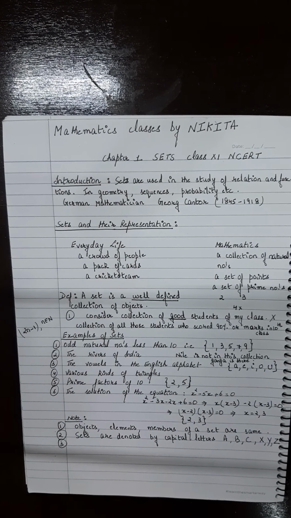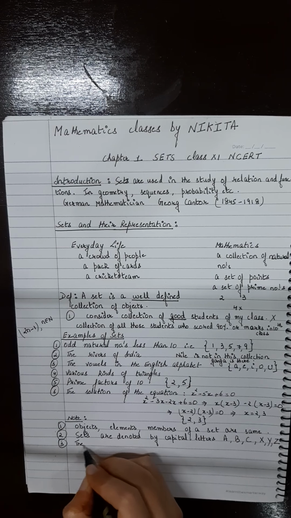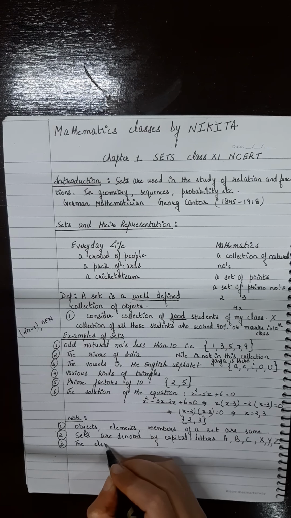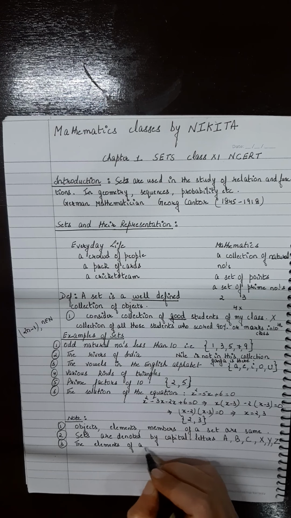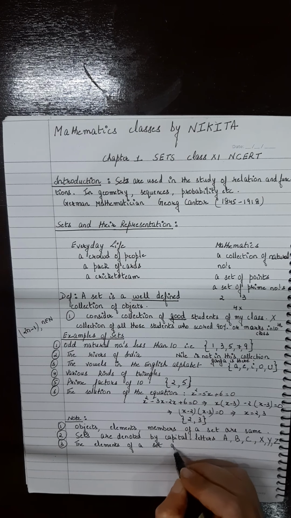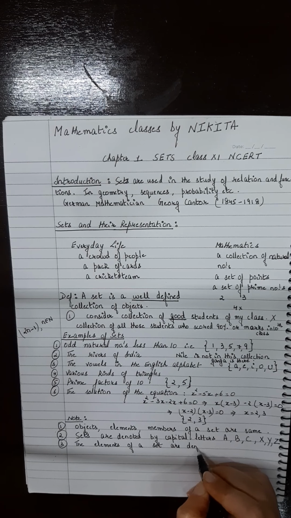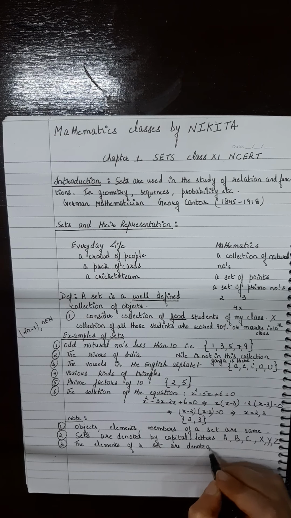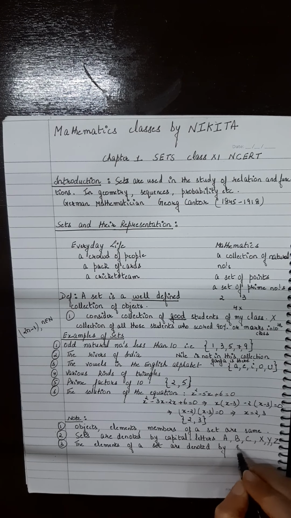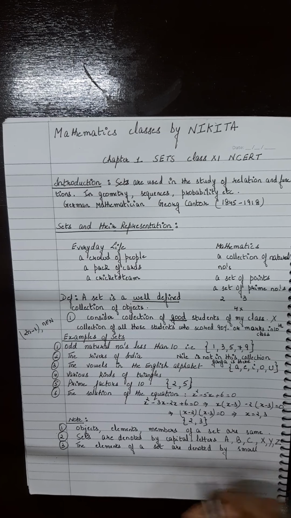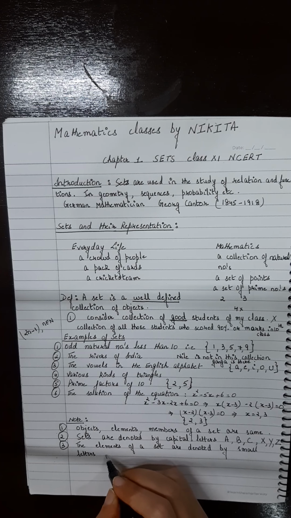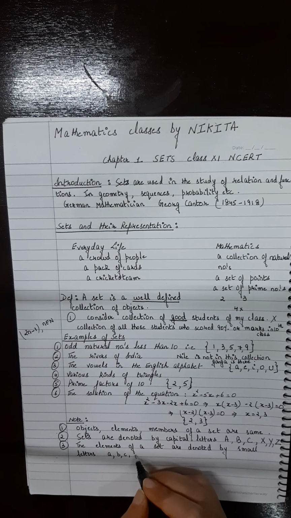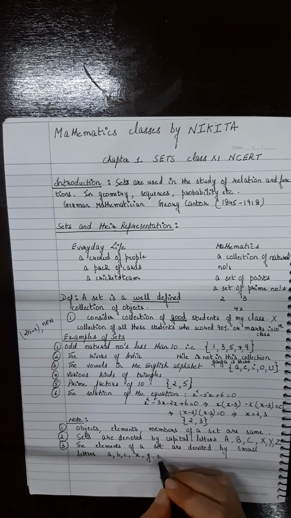Thirdly, the elements of a set are denoted by small letters. For example, small a, b, c or small x, y, z, etc.